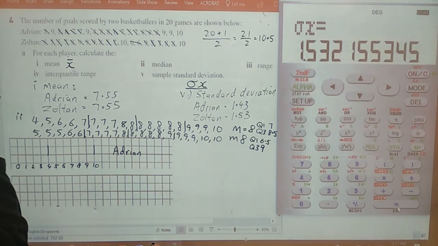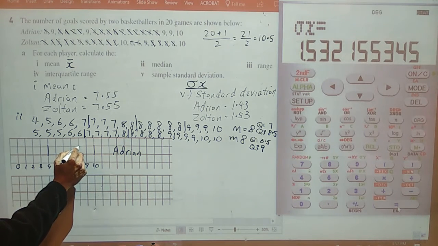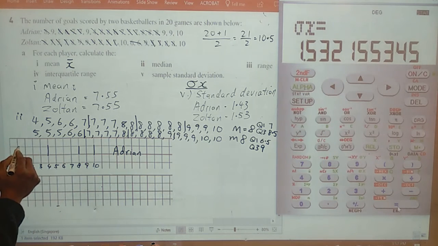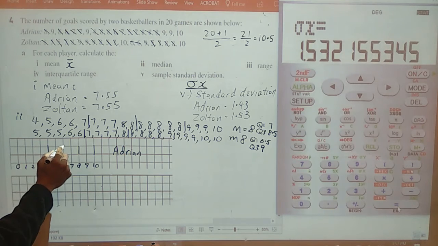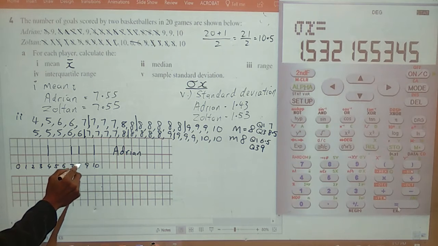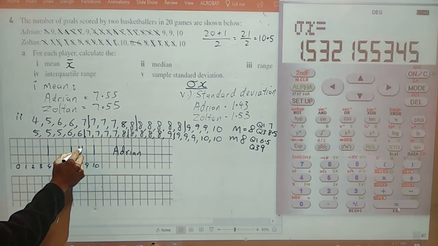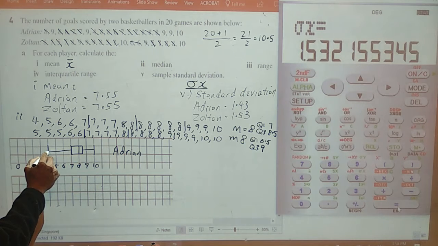Now his median is 8, his Q1 is 7, and his Q3 is 8.5. All right, so this is Adrian's box plot.